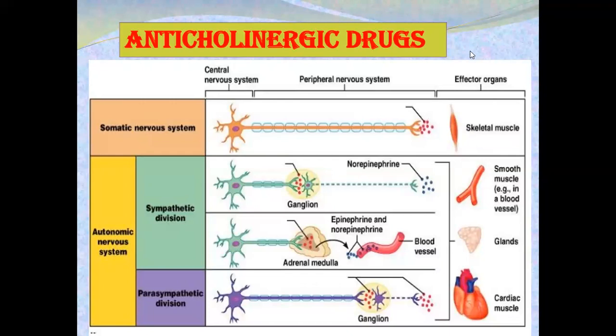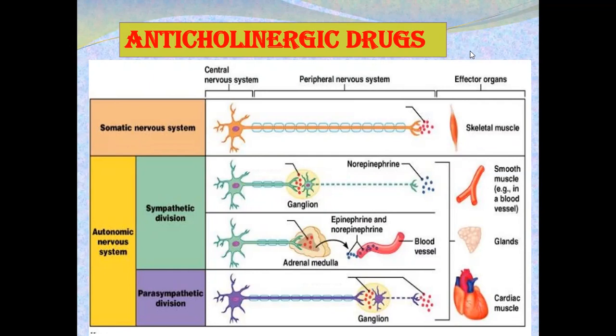Now, let us have another discussion of pharmacology, and today we are going to discuss the central nervous system or nervous system drugs, because we are going to look also at the autonomic nervous system, that is the sympathetic and parasympathetic system. Our topic today is anticholinergic drugs.